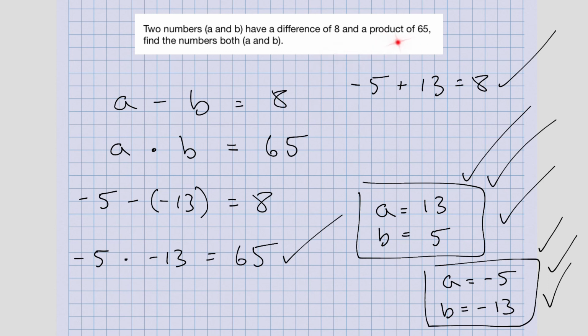This may seem a real simple question on the surface. All I have to do is factor 65. That gives me 13 times 5, a difference of 8. You say, okay, here's the answer. Well, it turns out there's a second answer as well. So sometimes it pays to do the long work. It may take you a little while longer, but you get a better understanding of how mathematics works, and don't miss your second solution set.